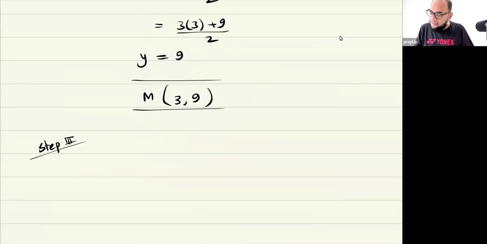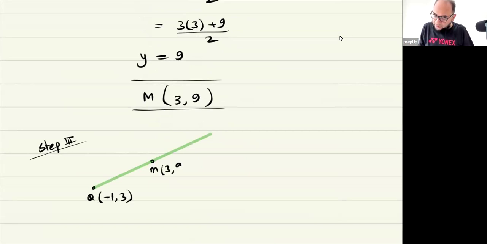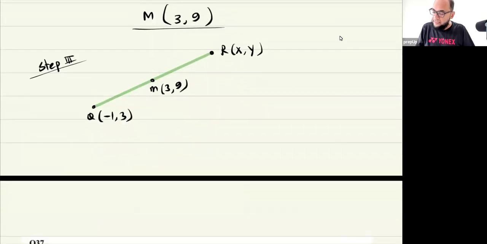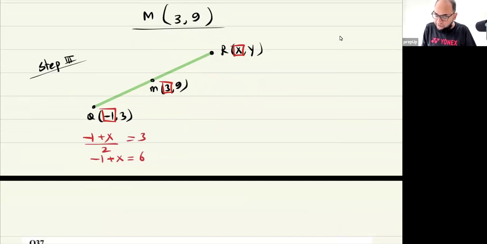This green line is like this. This point is Q, (-1, 3). This point is M, that is (3, 9). This point is R, that is (x, y). So now use this concept, the x coordinates: (-1 + x) divided by 2 equals 3. -1 + x is equal to 6.